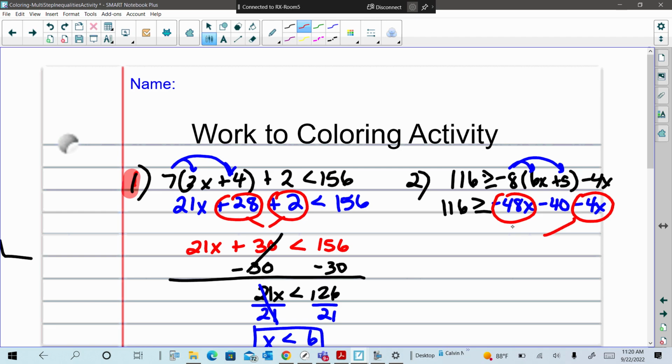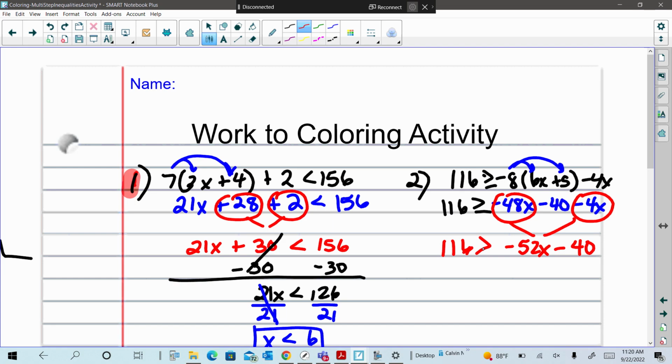When I combine these two together, this becomes a -52x. So I'm going to now have my -40. I'm going to keep the 116, and it's going to be greater than or equal to.